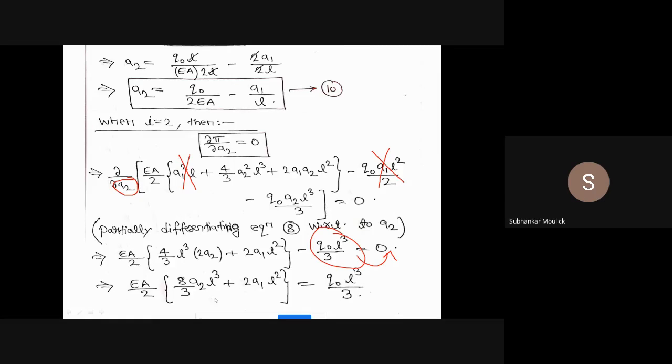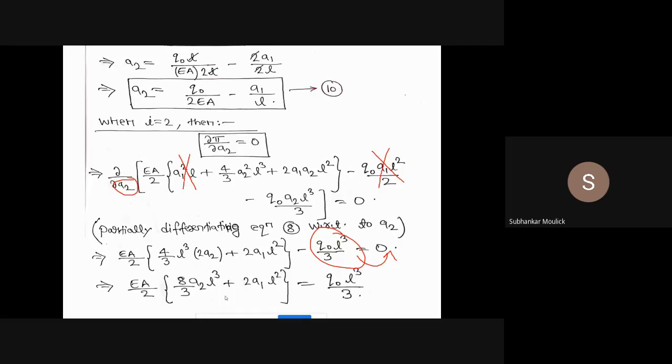Now in this particular expression, put the value of A2, which is nothing but equation number 10. In place of A2, just put this value, that is Q naught by 2 times of EA minus A1 by L. Then the entire expression will be in terms of A1 and you can solve it and get the value of A1.